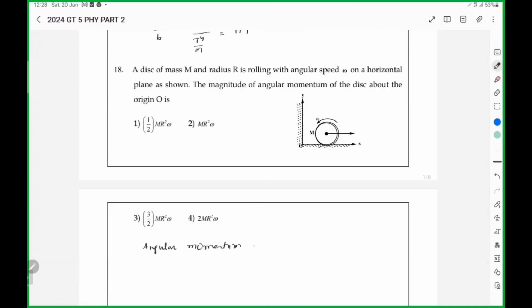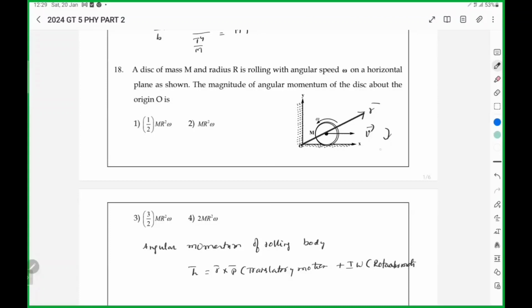Angular momentum of a rolling body is R cross P. This is due to translatory motion plus I omega due to rotatory motion. So if you take this as R bar direction, momentum direction is this.